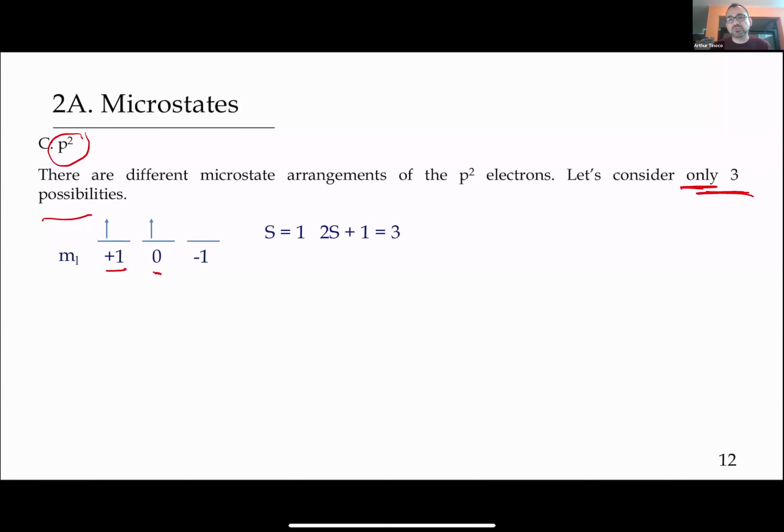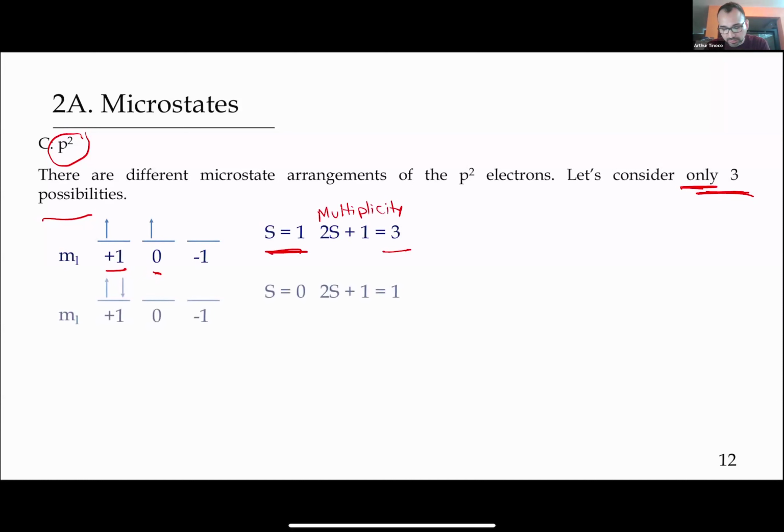That means we have 2 electrons, unpaired, and they both are spin up. In determining the spin of that system, that's going to be a spin of 1 because we have 2 unpaired electrons. Then the multiplicity will be a value of 3 because S equals 1.